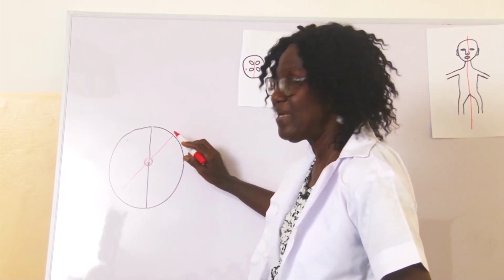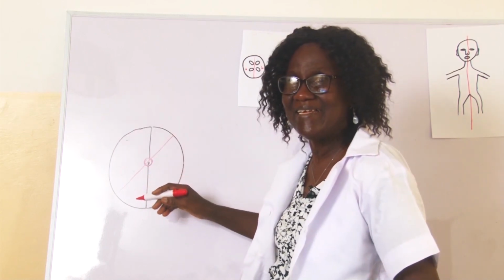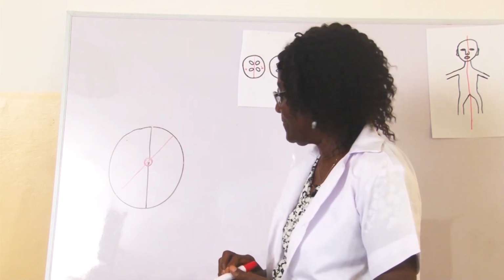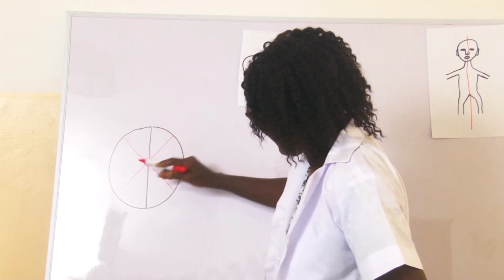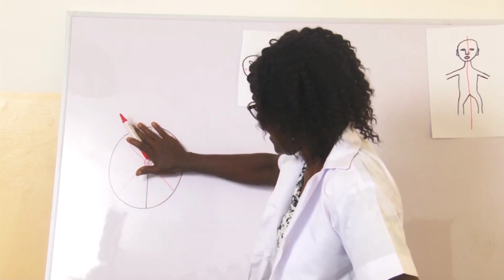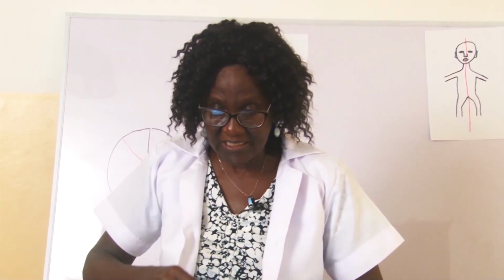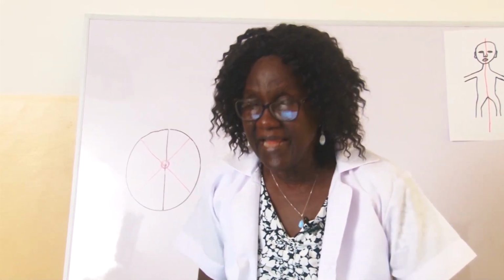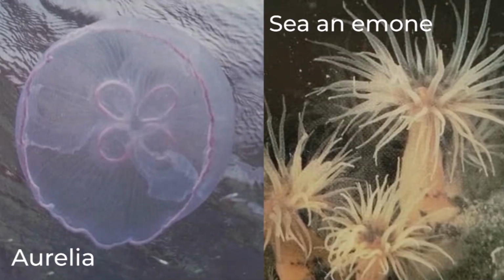There are so many planes along which the organism can be cut, and the proportions will be the same. I can cut from here to here, and this part and this part will be mirror images. These are radially symmetrical organisms, and the cnidarians are such organisms. All the cnidarians are radially symmetrical.